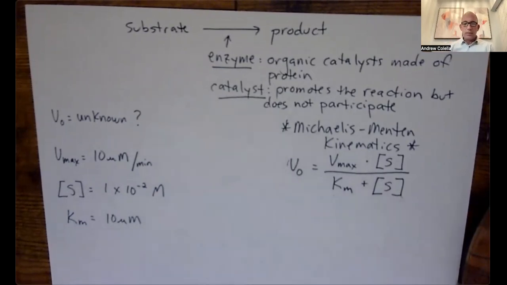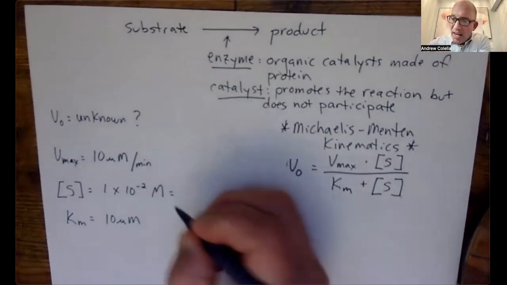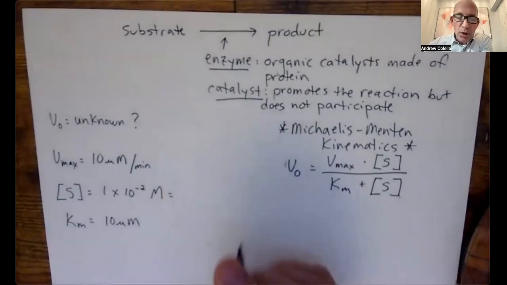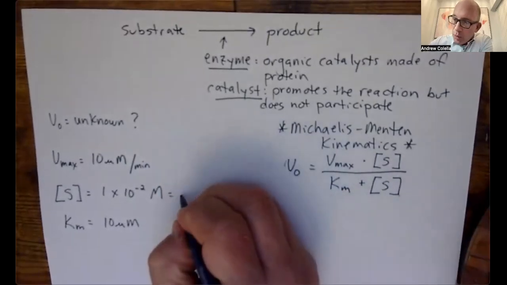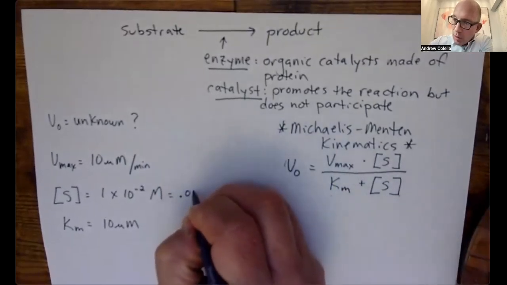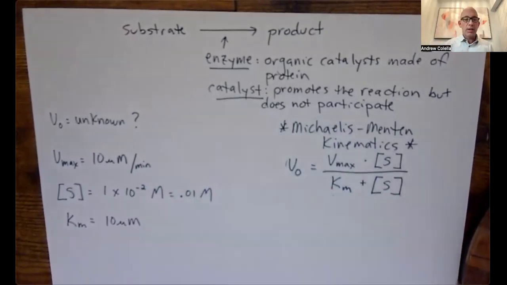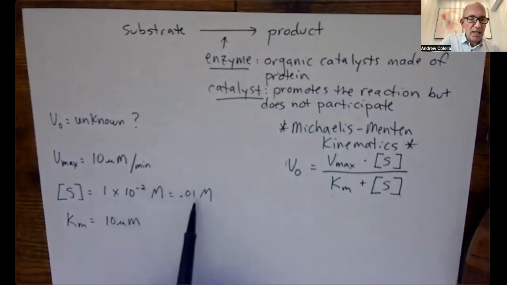And so I'm going to say that 1 times 10 to the negative 2 molarity is equal to 0.01 molar solution concentration. I hope we're okay with that, just going from scientific notation to decimal notation.